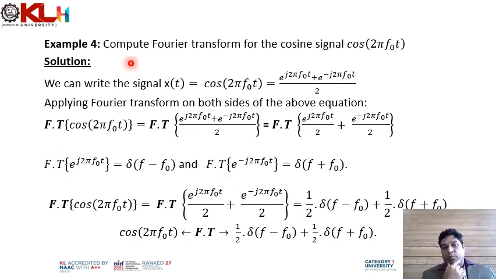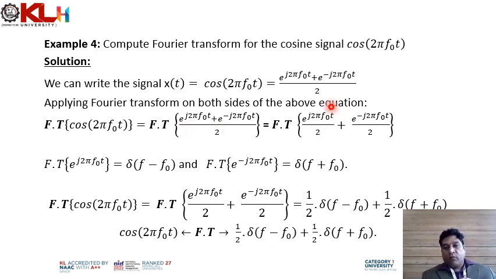Now we are going to compute the Fourier transform of the cosine signal cos 2 pi f naught t. This is the problem. Now we can write cos 2 pi f naught t as e power j 2 pi f naught t plus e power minus j 2 pi f naught t, divided by 2. Then we take the Fourier transform of the cosine signal. We will get the Fourier transform of two e power functions.